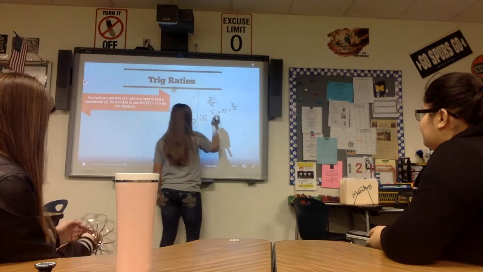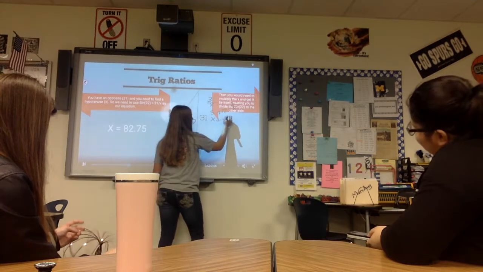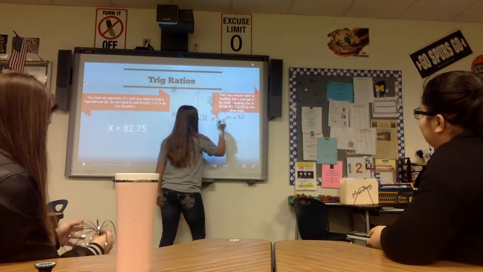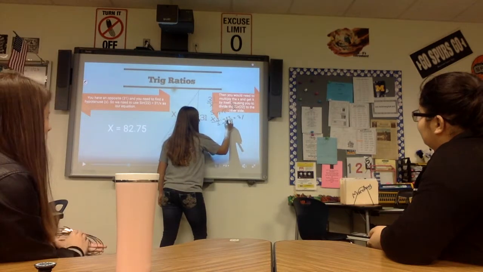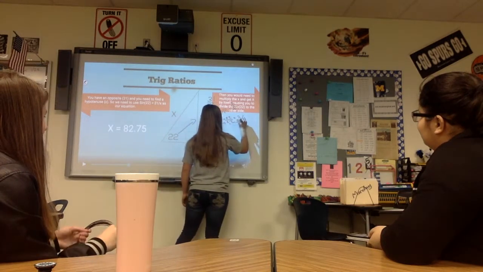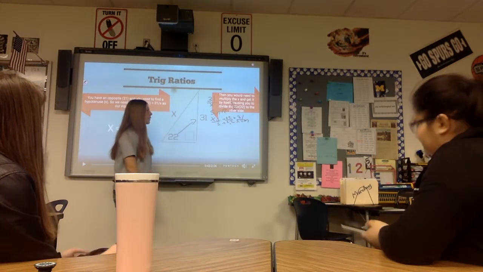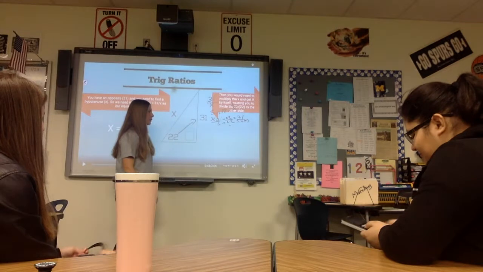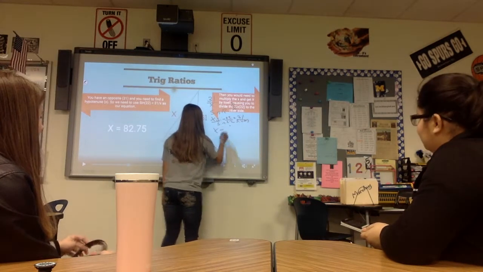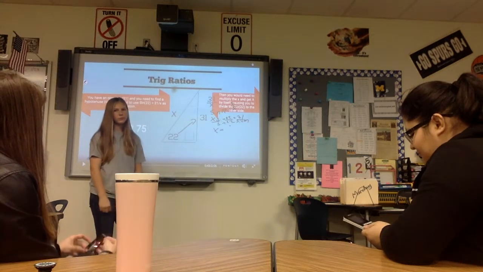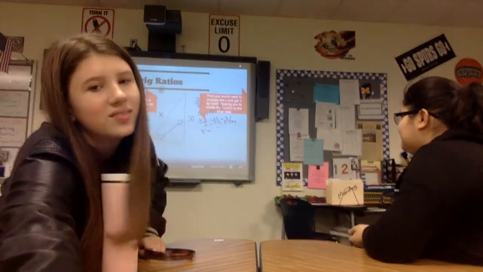So we're moving the x to this side. So x sine 22 equals 31, divided by sine 22. So you're going to divide 31 by sine 22 to get x. 82.76.